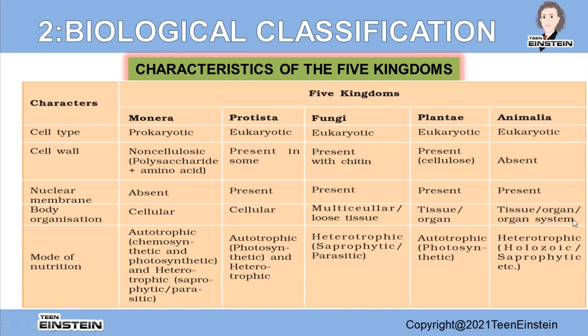Some organisms show tissue level of organization, some show organ level, and some show organ system, like our digestive system. In the digestive system, many organs are present, and together they perform one function, like digestion, right?